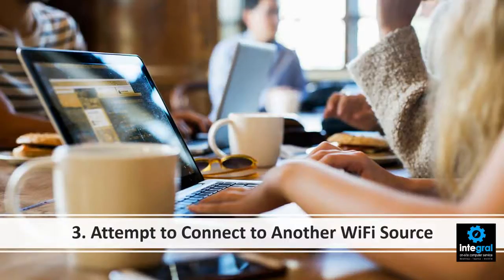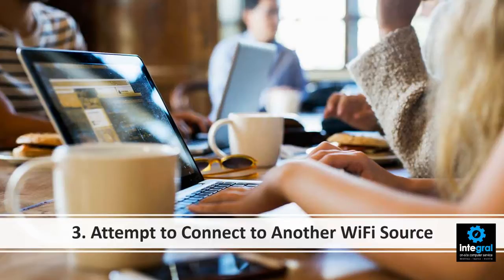The next thing that you want to do as far as wireless is concerned is to try to connect to another Wi-Fi source. Take your MacBook, if possible, or even your iMac. It's kind of hard to do with a Mac Mini, but you can take your iMac or your MacBook or MacBook Air to a coffee shop and see if you can connect to the wireless there.